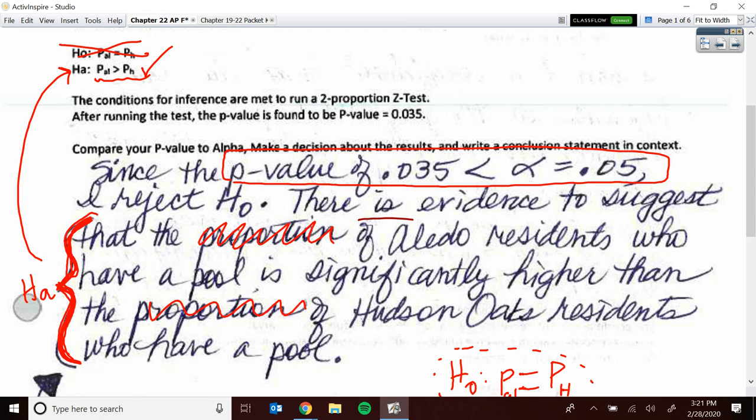Well, that makes it sound like it's the number of residences. And so I want you to think about that. Just talking about the number of residences is wrong.